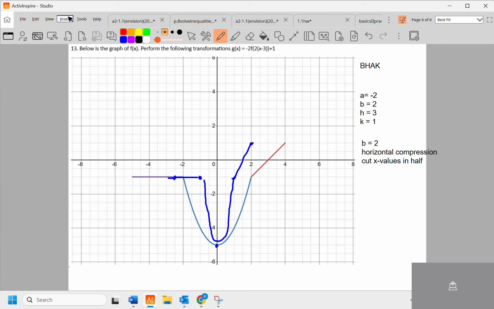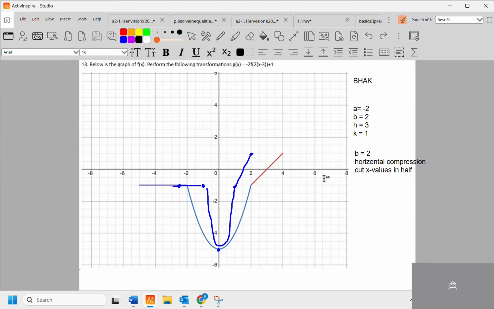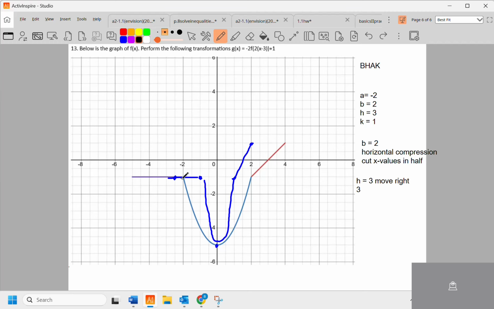So the next thing I'm going to do is the letter H. And I see that H is 3. That means we move right 3. So now I'm going to take all my little points and move them right 3 units. So this was at -2.5, and it's going to get shifted all the way to the right to a half.